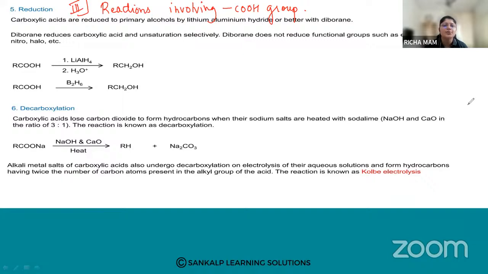So now reactions involving COOH group. First one is the reduction. So what we are doing?